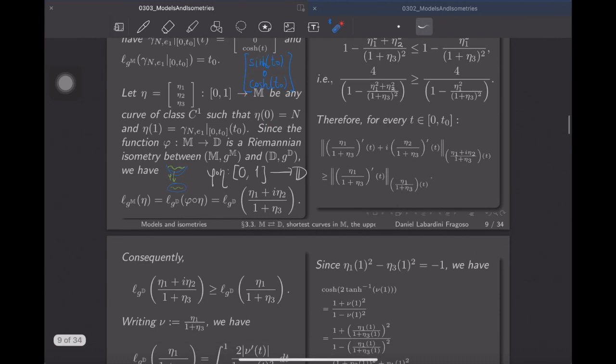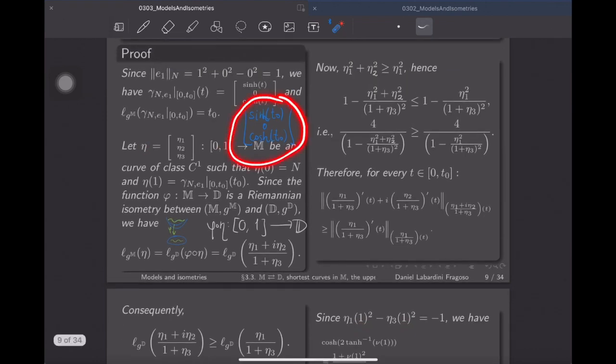Sorry. Yes, but evaluated at 1. Eta evaluated at 1 is precisely this point. Right? That's what we said. Eta of 0 is n, and eta of 1 is this, which is this point. Yeah? And so when I evaluate it at 1, it becomes this one square minus this one square, and it's equal to minus 1 because it sits in the hyperboloid.